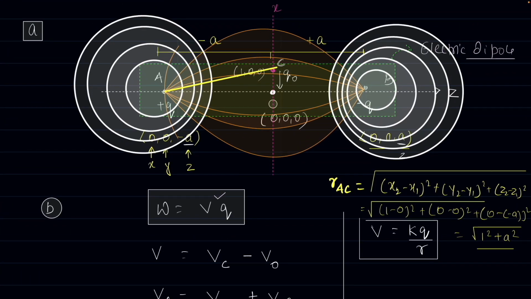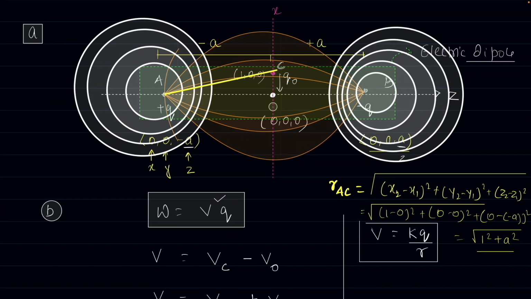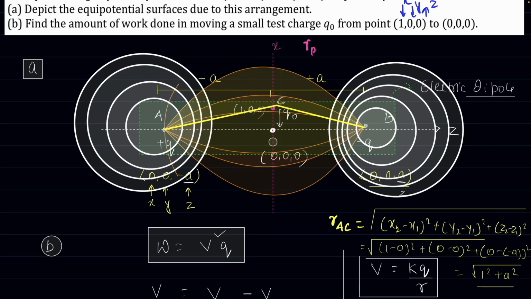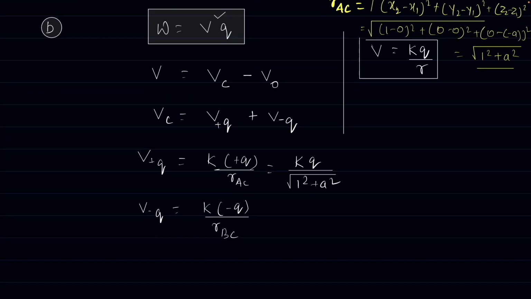If we find the value of r_BC, it is equal to root of (1 minus 0) square plus (0 minus 0) square plus (0 minus a) square. So it is equal to root of 1 square plus a square. We substitute it here: minus kq by root of 1 square plus a square.